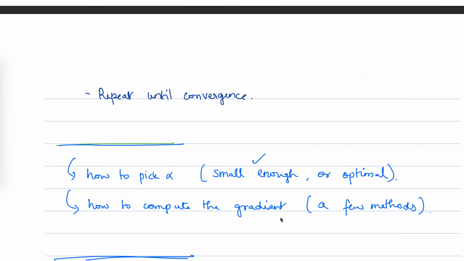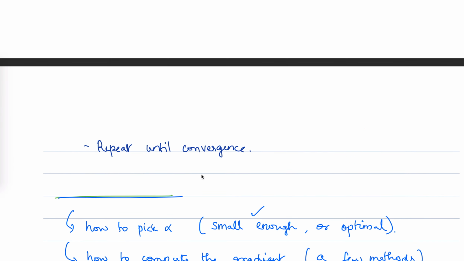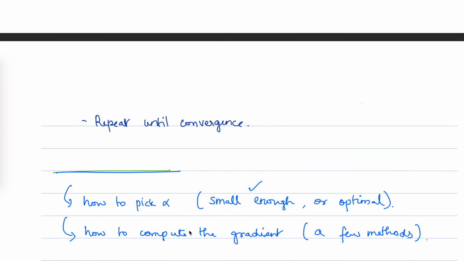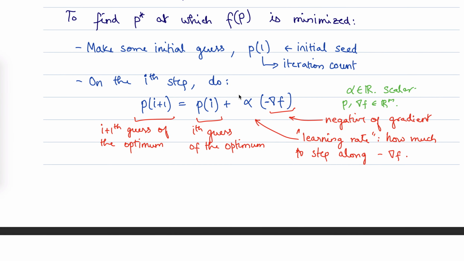And that's an important aspect of gradient descent. Okay, so those are two things we need to do. In the next video, we will just assume that we've picked an alpha and are able to compute the gradient effectively, and just implement gradient descent on that function.